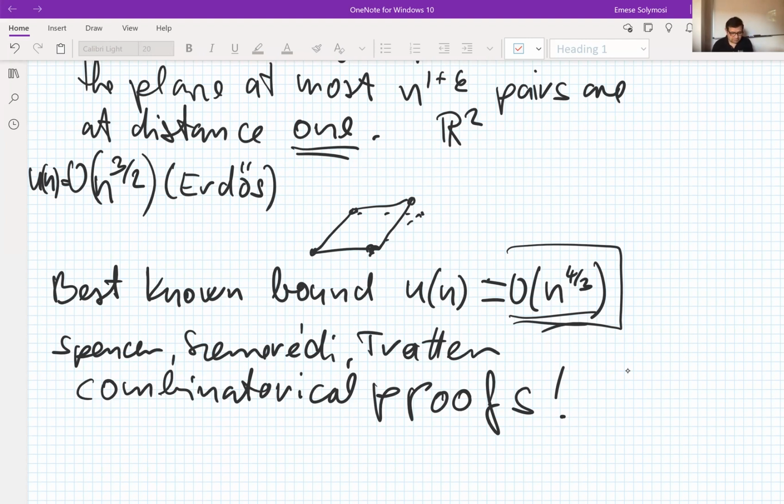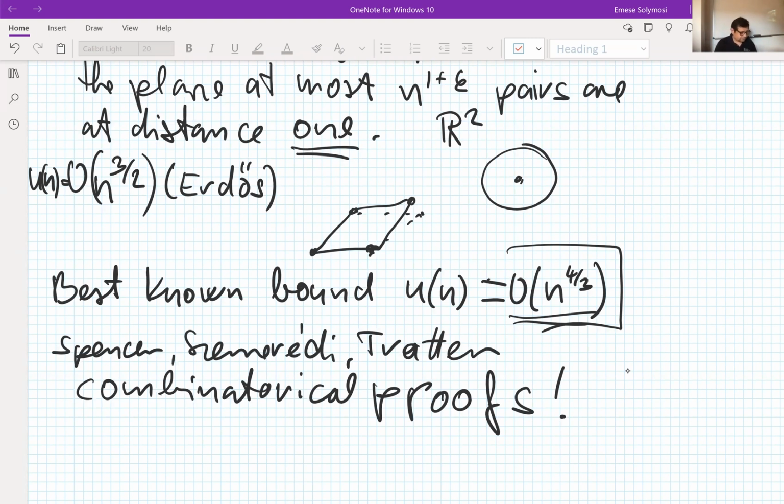If the conjecture is true, or if you want to break the n to the 4/3 bound, then you really have to use that we are talking about the unit distance as the L2 norm. Because there are many other norms where the number of unit distances in those norms is really n to the 4/3.